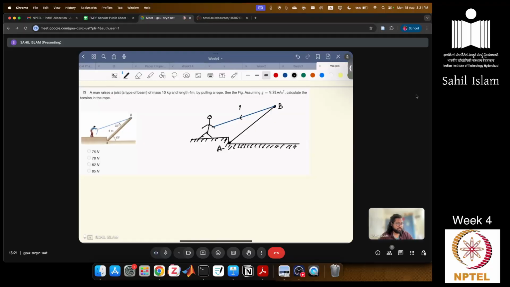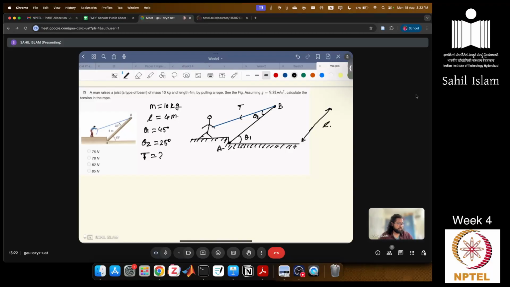So the tension here is T, and the mass of the beam is 10 kg, and the length of the beam is 4 meter. So let's say this whole is the length L, which is 4 meter. And what else is given? Theta 1 is given, which is 45 degree, and theta 2, let's say this one, is given 25 degree. Now we are asked what is the tension T in the rope.